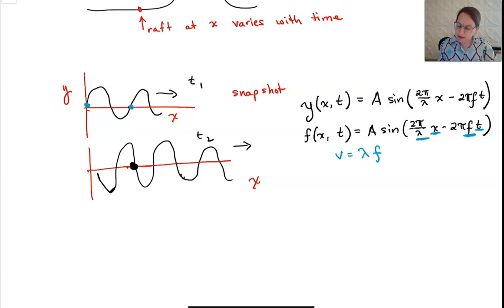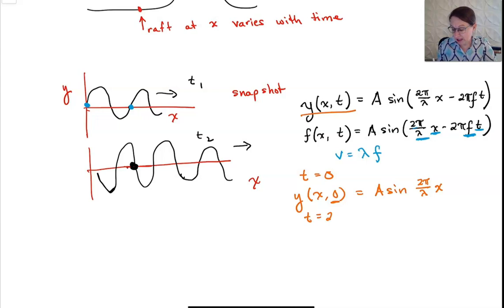And so as we look at this, this equation will give us then, if we say time equals 0, for example, putting in this equation, y of x, 0 looks like a sine of 2 pi over lambda x. And so that tells us that at time equals 0, this looks like a sine wave, for example.